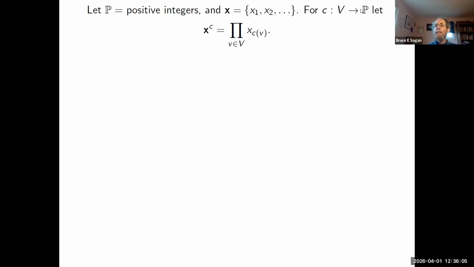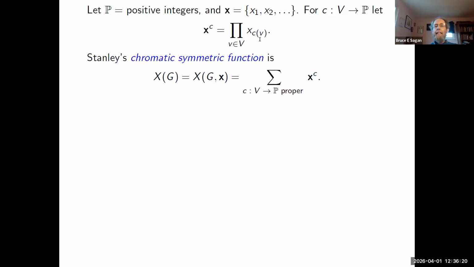Remember, you're coloring with the positive integers, which are your subscripts here. So for each vertex, take x sub the color of that vertex and multiply those all together. That's going to give you some monomial. And then Stanley's chromatic symmetric function is just the sum of all these monomials over all proper colorings with the positive integers.